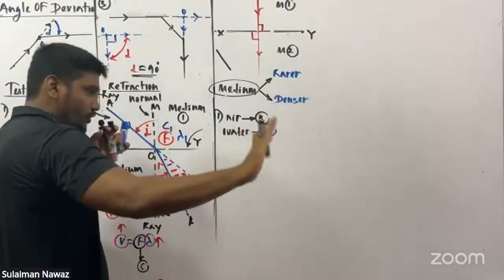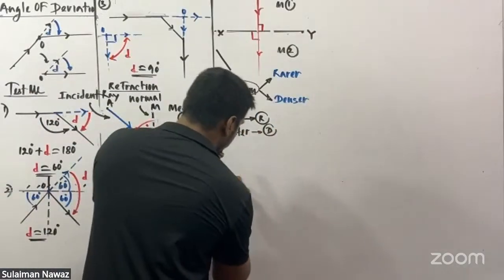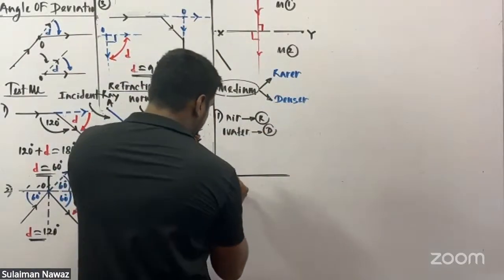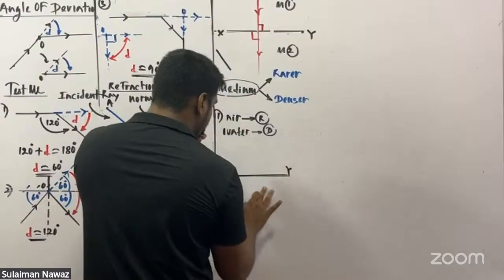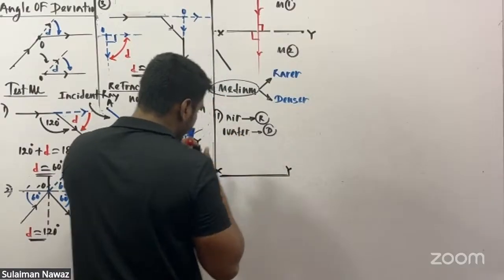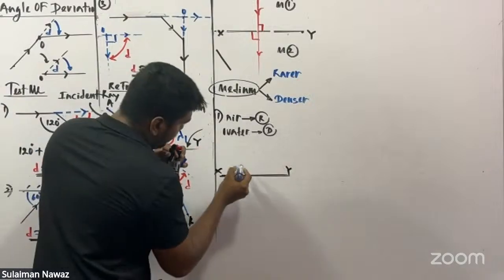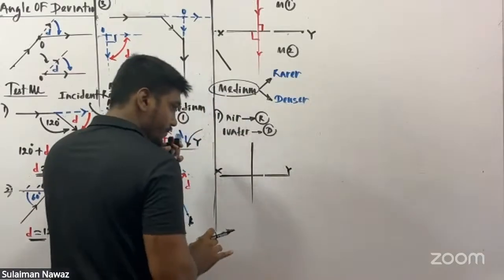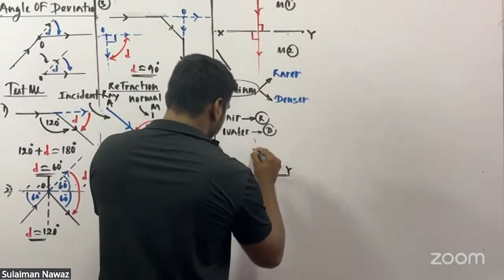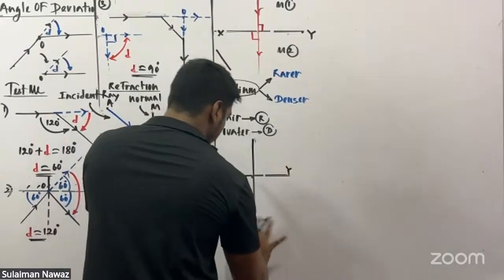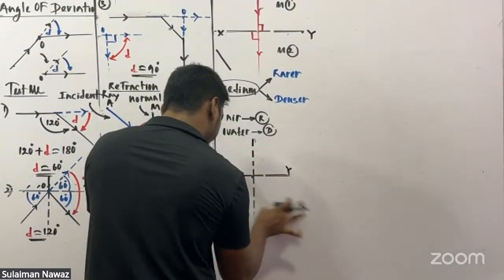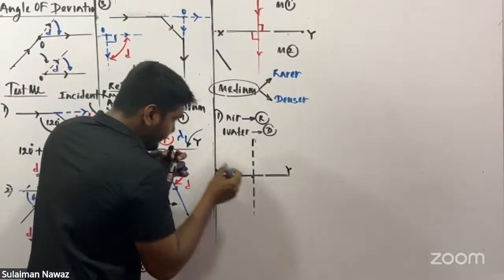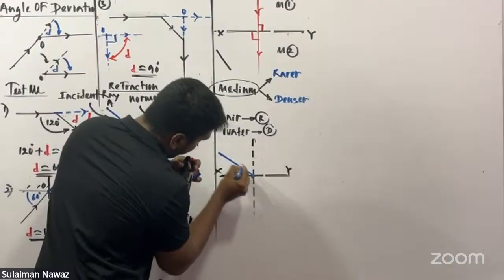Again, on the next page, you draw the diagram. This is your common interface XY, and this is our normal. Then I draw my incident ray.